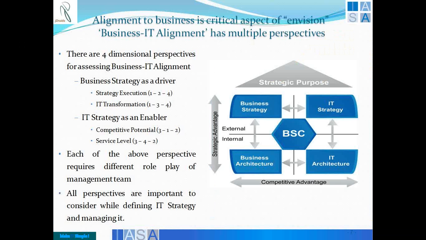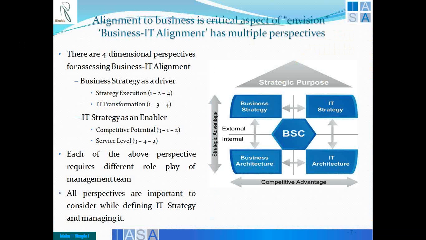So if you look at your balanced scorecard in an organization and you estimate and evaluate the position of the four named entities, say for example, IT strategy as an independent entity, IT architecture as an independent entity. Of course, they are interdependent.